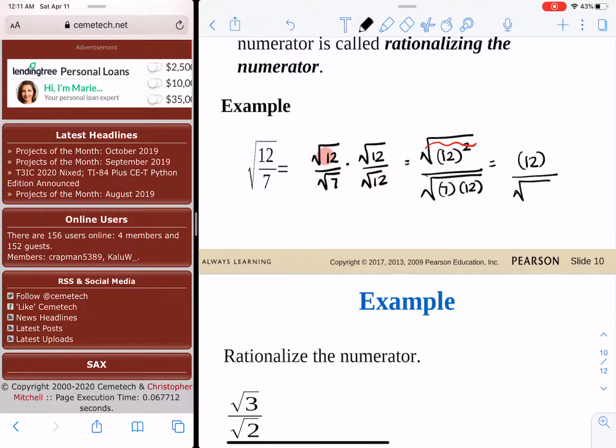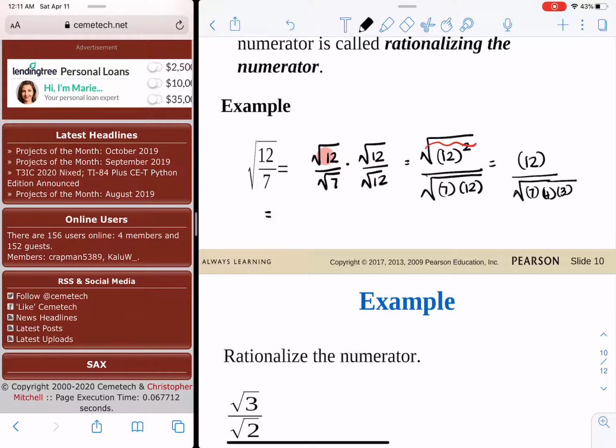But before we get there, we need to ask the question, could we simplify the denominator further? Well, that we can answer if we could write 12 in terms of a perfect square. So we can write that as 7 times 4 times 3.